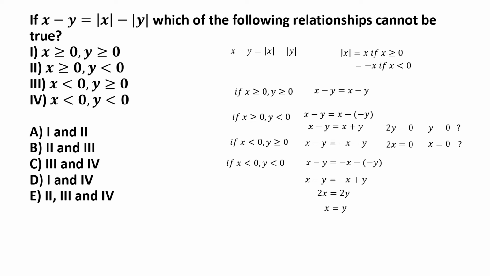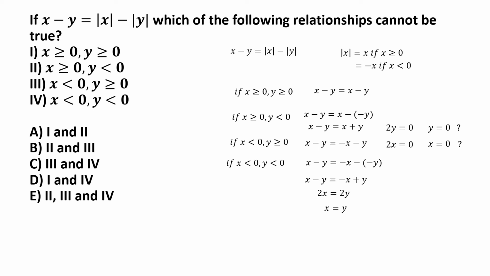So if x is in this particular domain where x is less than 0 and y is less than 0, there is a set of values for which the relationship is satisfied, and those values are essentially equal values. For example, if we take x as minus 3 and y as minus 3, that will satisfy this relationship.